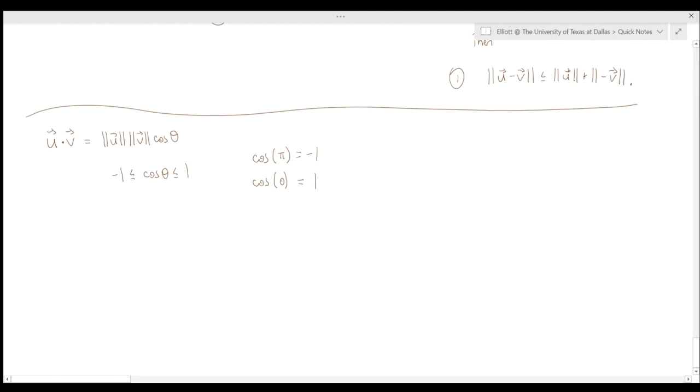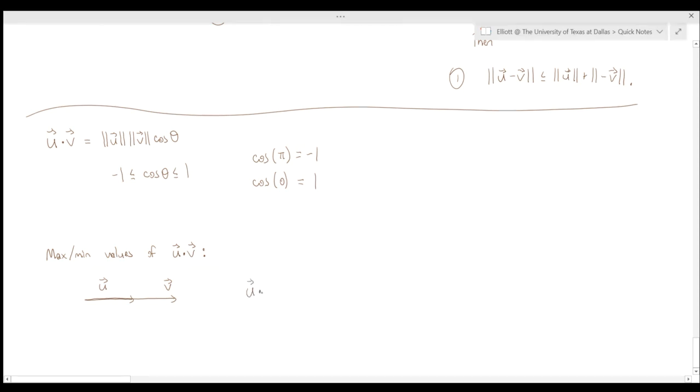So when you're thinking about the maximum and minimum values that the dot product can take on, this expression will be maximal when cosine is as large as possible, meaning when cosine theta is equal to 1.